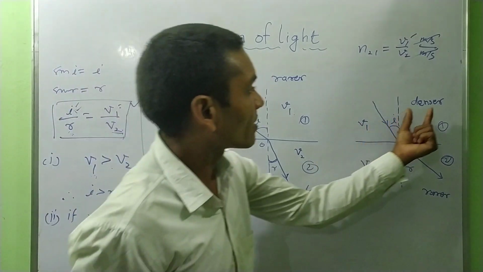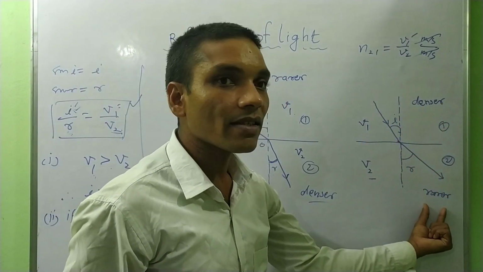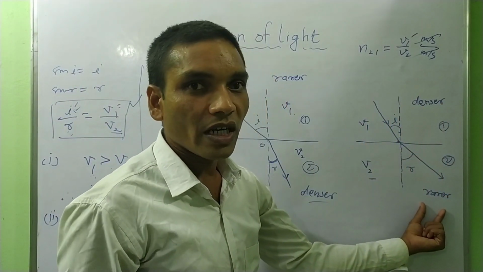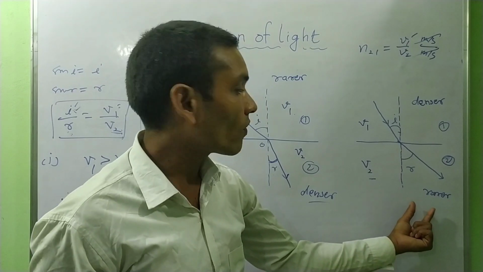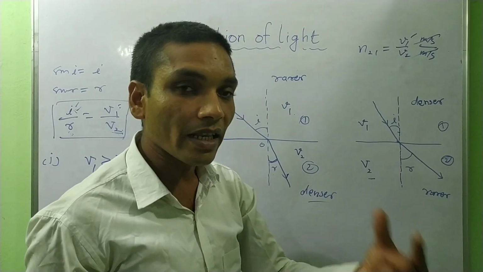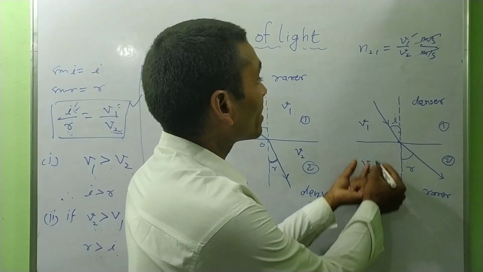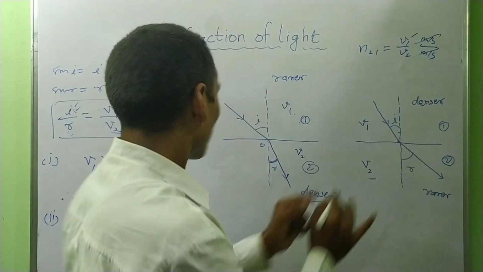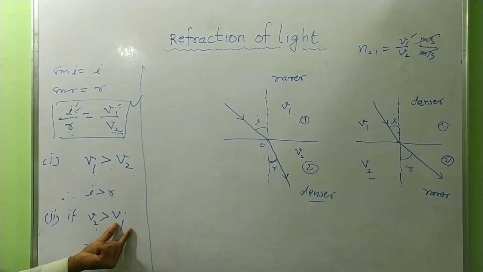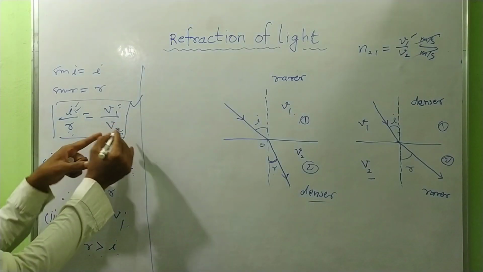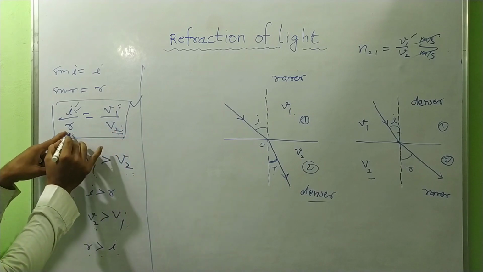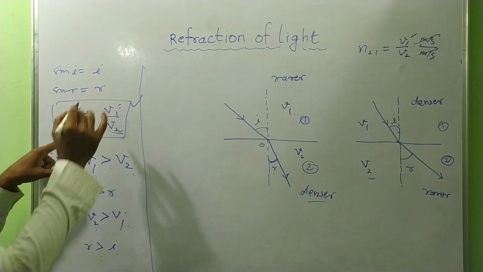Now in this case, this is denser medium and this is rarer medium. You know that the speed of light in rarer medium is greater than the speed of light in denser medium. So V2 will be greater than V1. If V2 is greater than V1, then from this equation r will be greater than i.